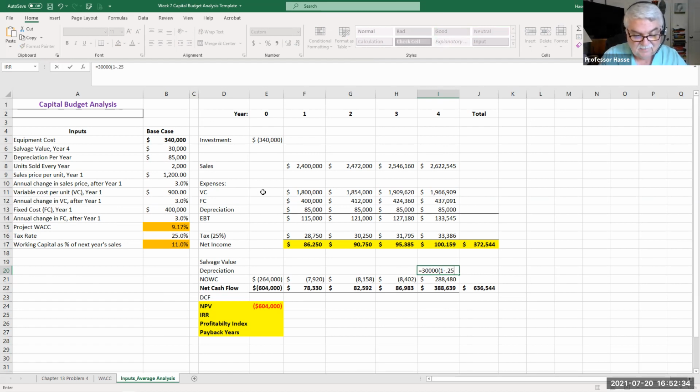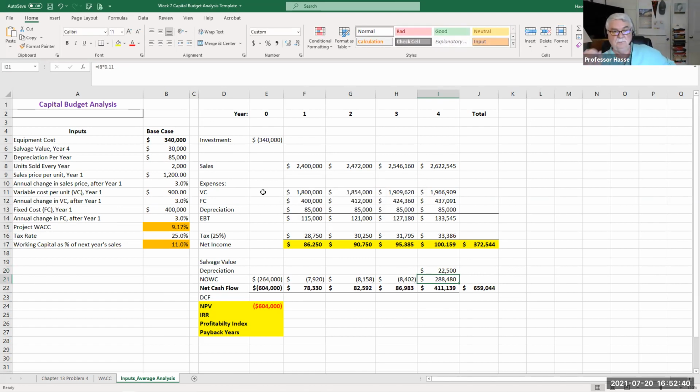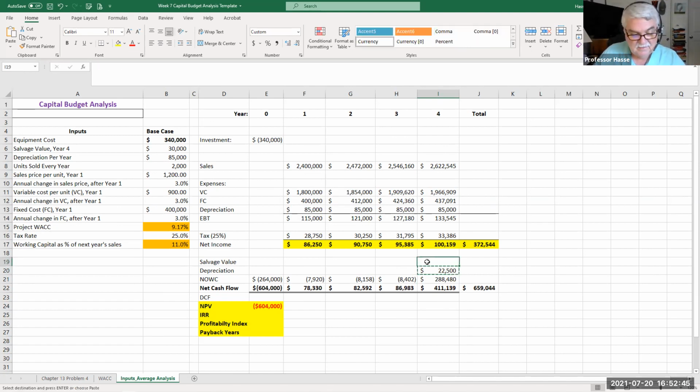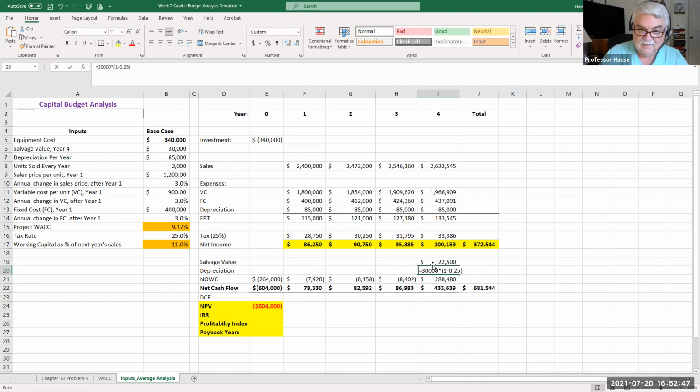So we get to keep 75% of that salvage gain, $22,500. Oops, I put that in the wrong column. That should be right here. Sorry. There we go. That's the salvage value, $22,500. Makes sense?